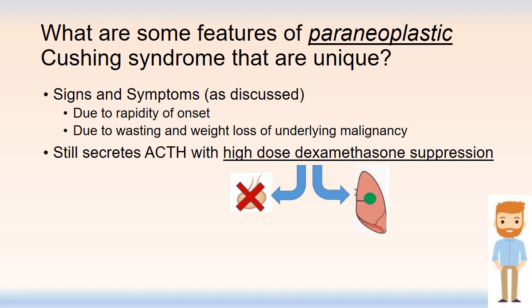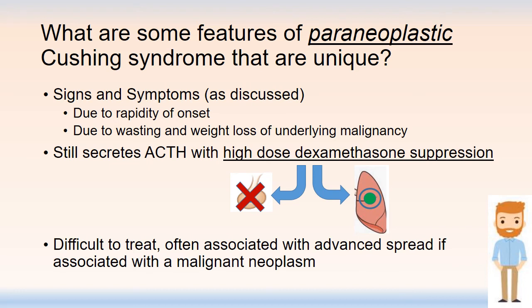Conversely, if you have a lung tumor, for example, that is secreting ACTH, even if you give a high dose of dexamethasone, this lung tumor will not suppress ACTH. It will continue to secrete ACTH. So this is another unique feature.